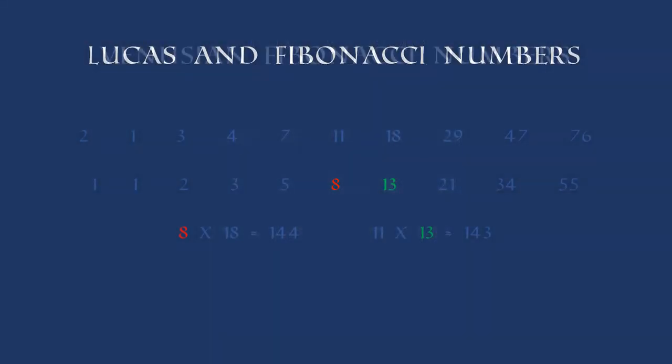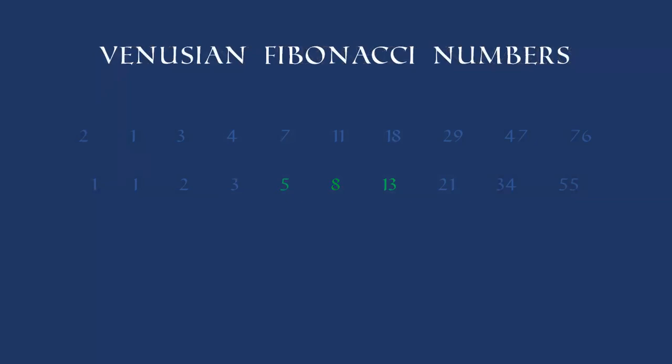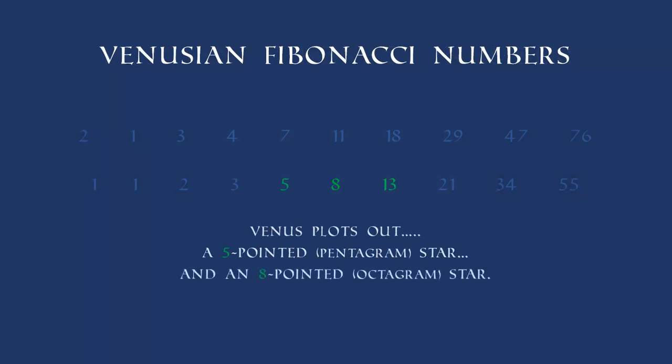Now, let's go back to these numbers that we were just looking at. I'm going to change them a little so that we can look at these Venusian Fibonacci numbers. You can see those three that I've colored green: 5, 8, 13. They're the three numbers that are significant in relation to this orbital relationship of Earth and Venus, and I'll describe how. Venus, in relation to Earth, plots out a five-pointed star, a pentagram, but it also plots out an eight-pointed octagram star.